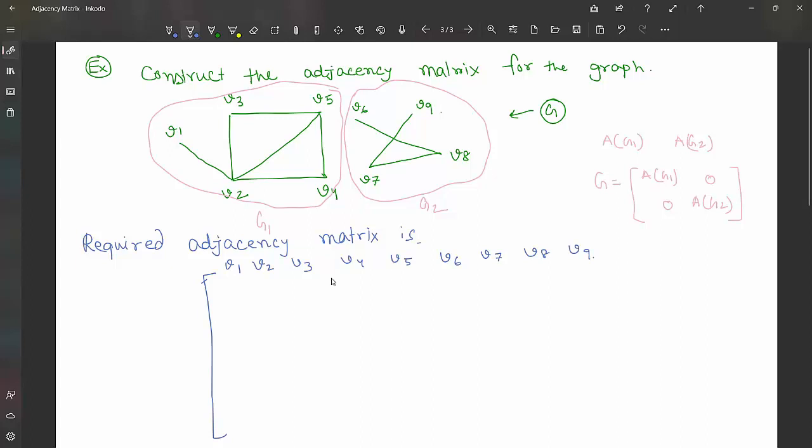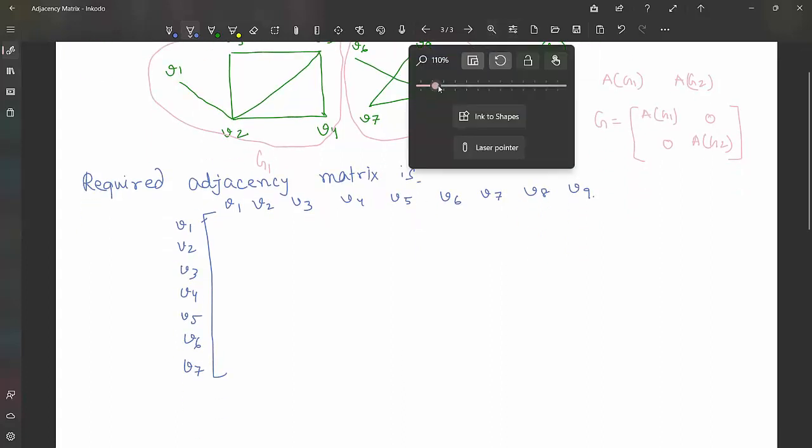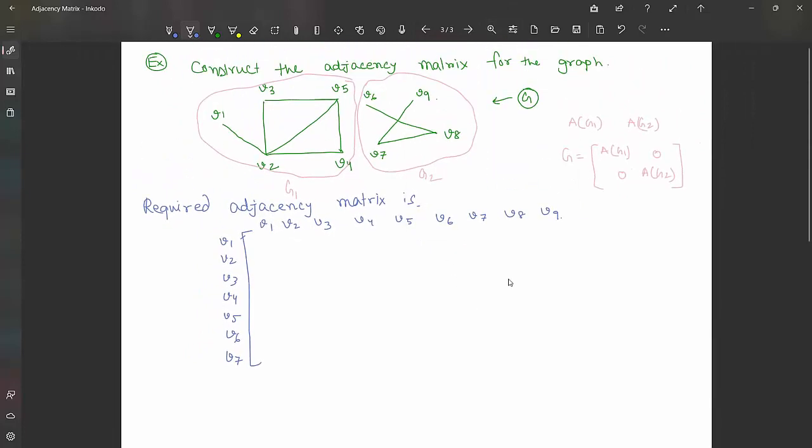And also in the row-wise we have to write down all of these v1, v2, v3, v4, v5, v6, v7, v8 and v9. After that, just calculate the matrix.